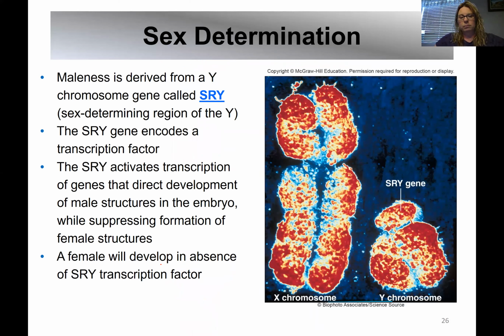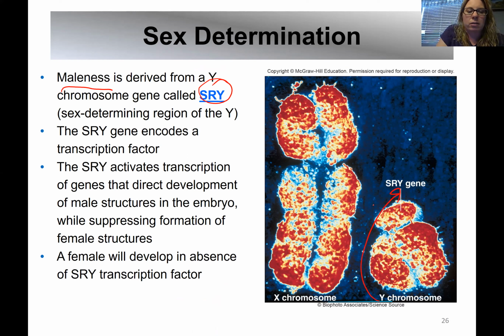Now, embryos will develop as female unless there is a Y gene or a Y chromosome present. The male characteristics, or the offspring, will become male under the direction of the SRY gene found on the Y chromosome.